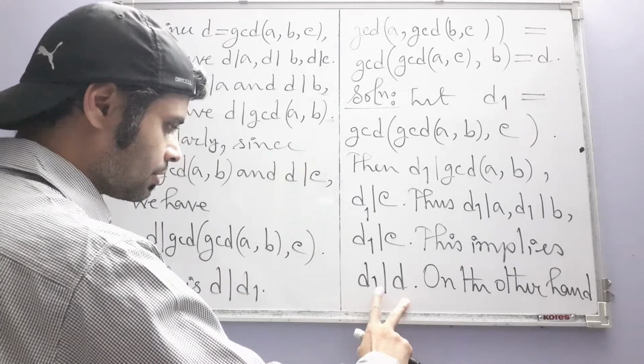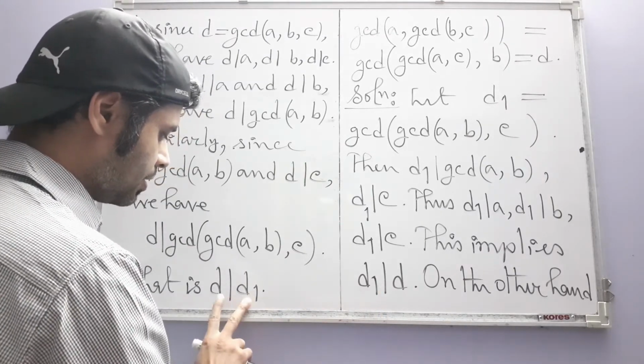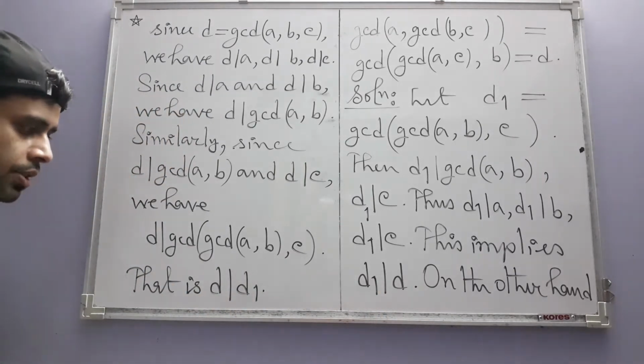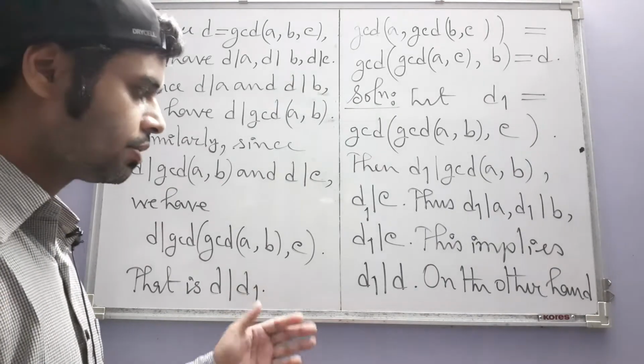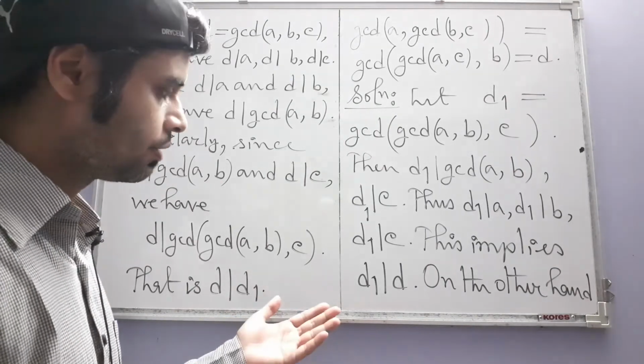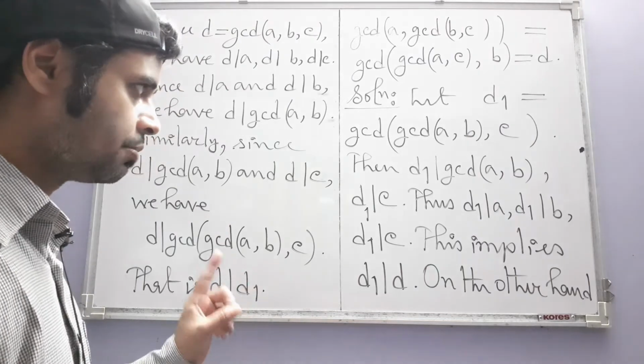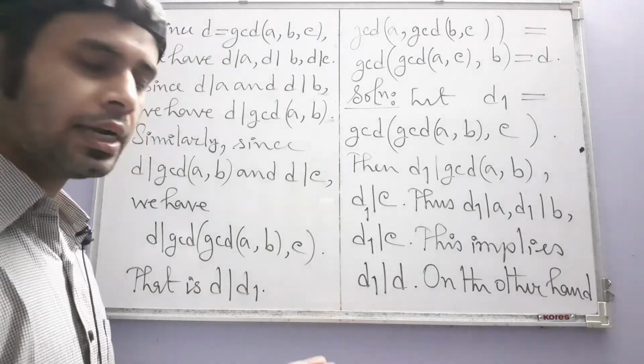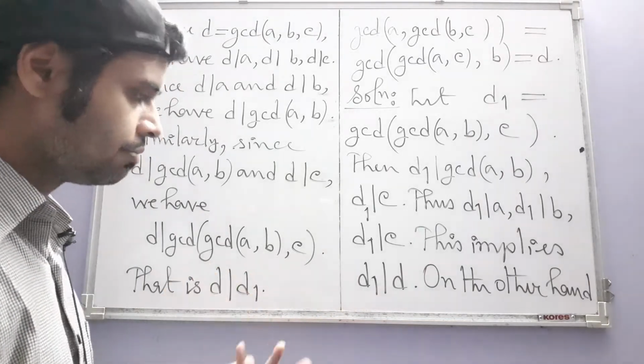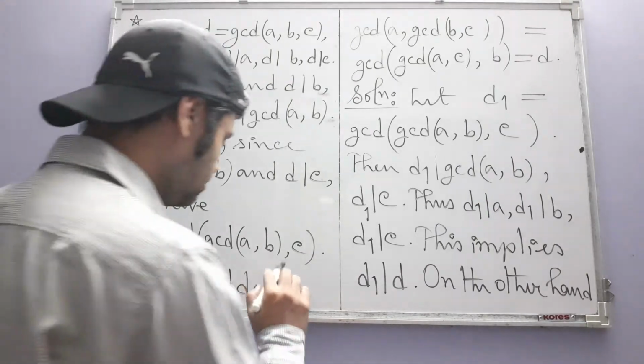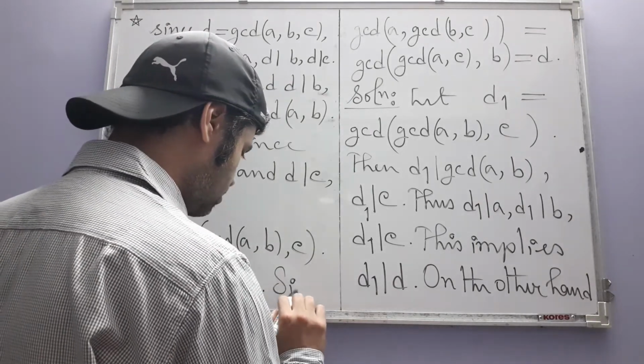So we have got these two divisibility relations, which would normally give us the conclusion that D is equal to plus or minus D1, but because both D and D1 are positive, they will be equal.